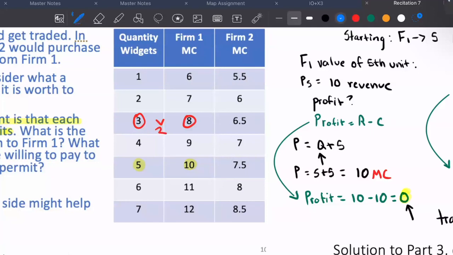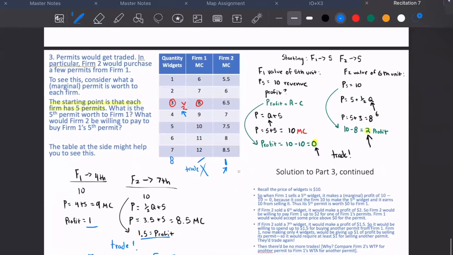And then we compare it to the willingness to pay of firm 2 for their 8th unit, which in this case doesn't exist, at least on this table. But you would go through the same process, and let's say that firm 2 is willing to pay 1 for the 8th unit. In this case, because the willingness to receive is higher than the willingness to pay, the trade won't happen. So you keep trading and trading until it's no longer worth it to buy or to sell your permits.